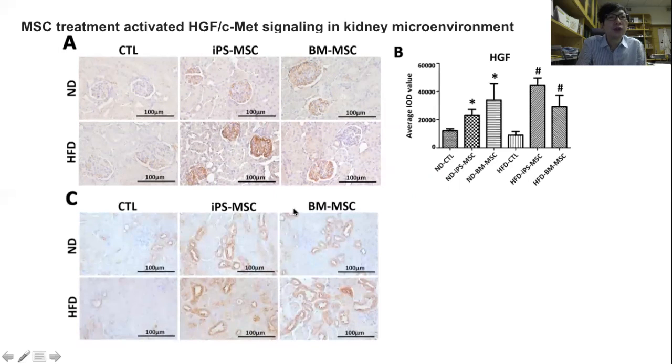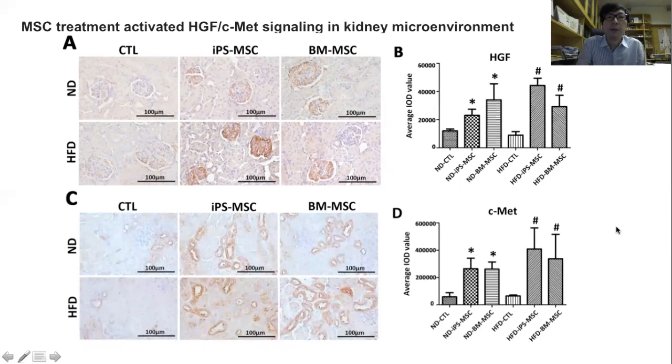And here you also see an induction of the HGF in the tubular compartment. So the glomerular compartment and the tubular compartment both increased by treatment with mesenchymal stem cells.